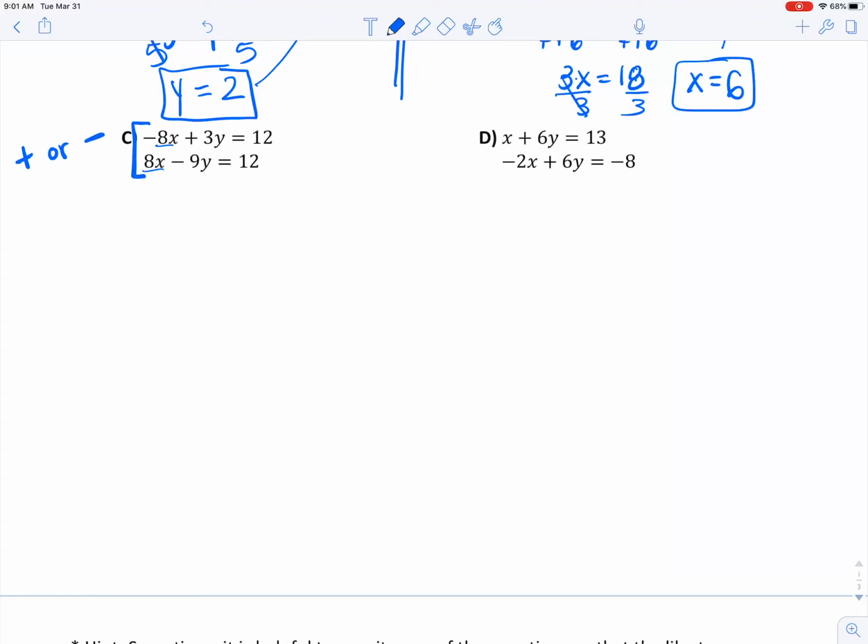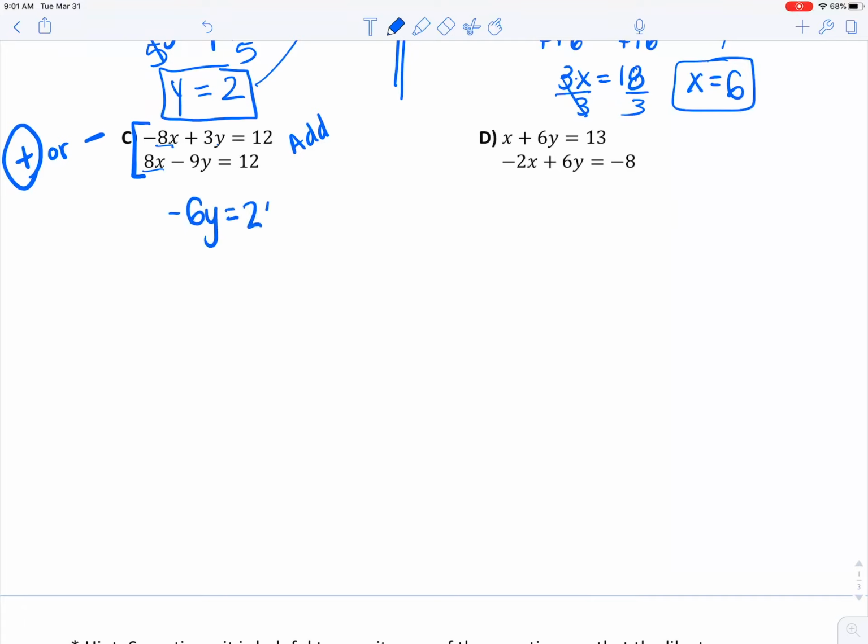So I have to see negative 8x plus 8x, that actually is 0. So we are going to add these two together. All right, so negative 8x plus 8x is 0. 3y plus negative 9y is a negative 6y.